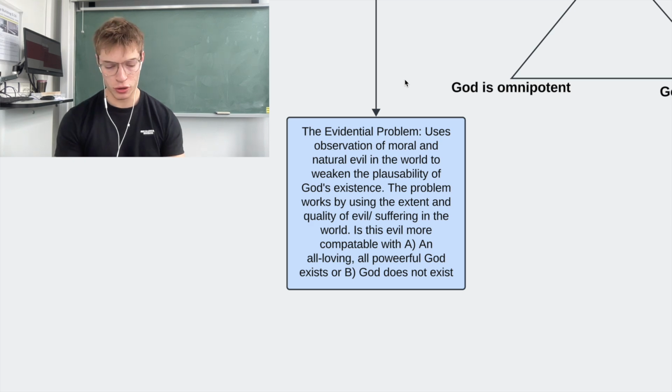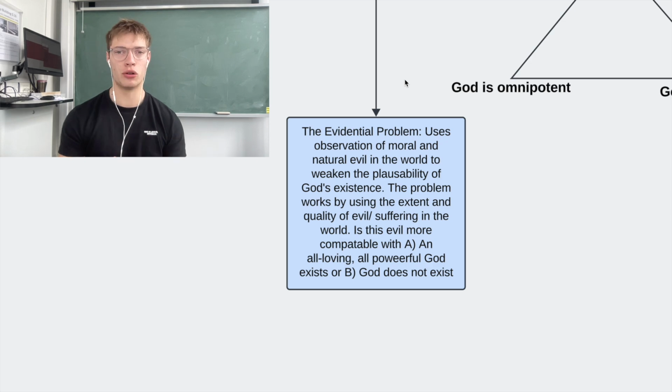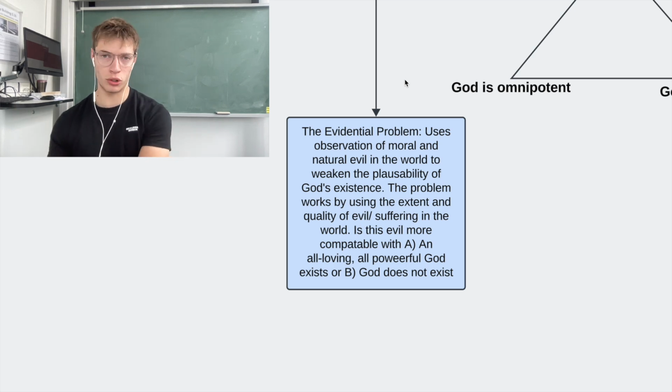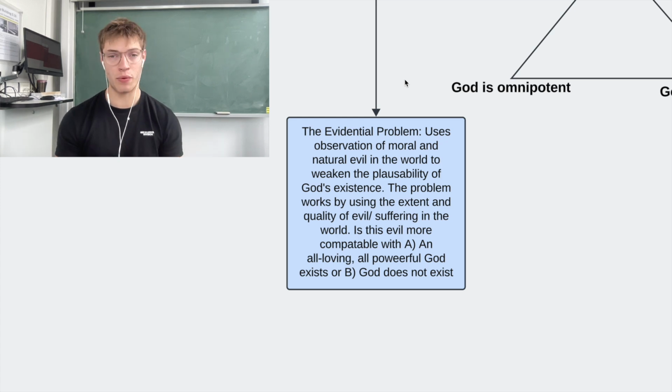Given the evil in the world, we can have two competing hypotheses. A, an all-loving, all-powerful God exists. Or B, God does not exist. Given the evil in the world, which one is more plausible?